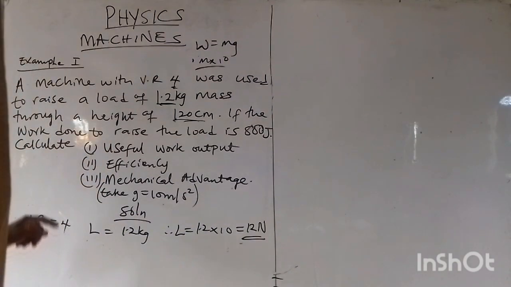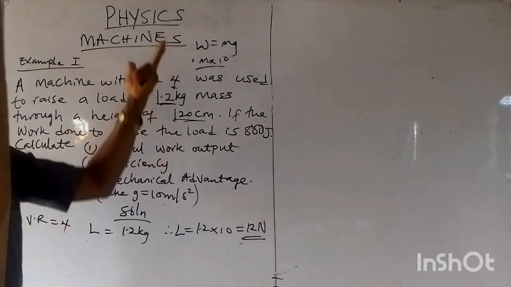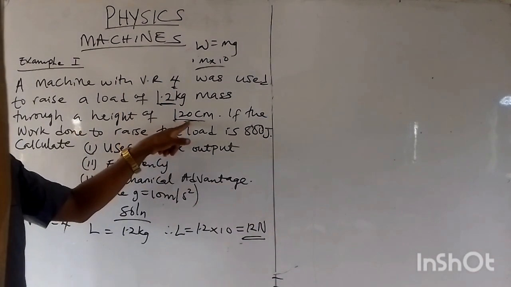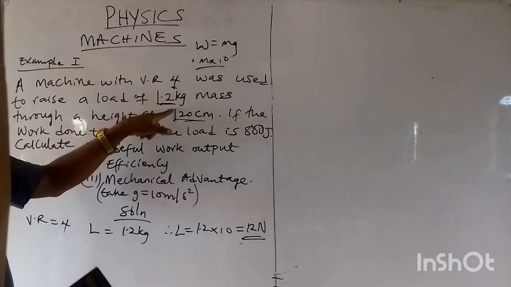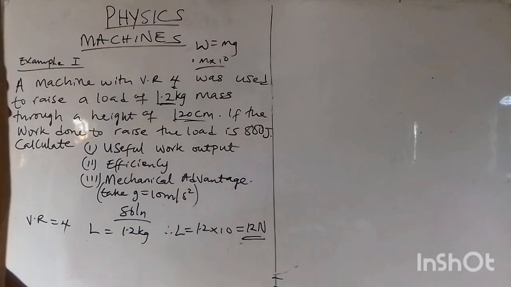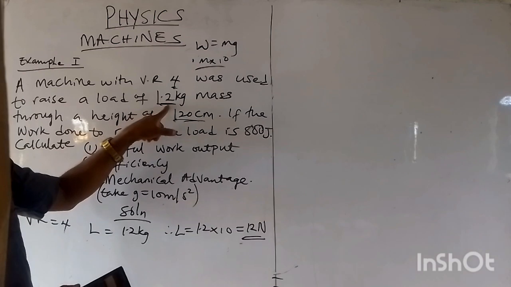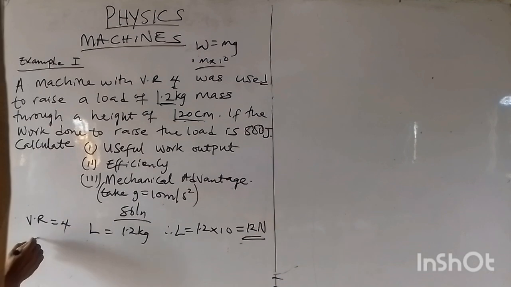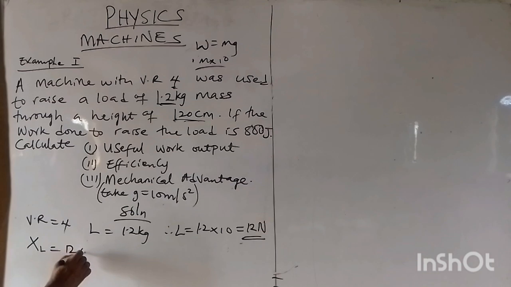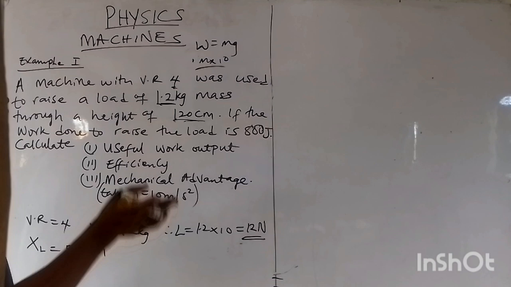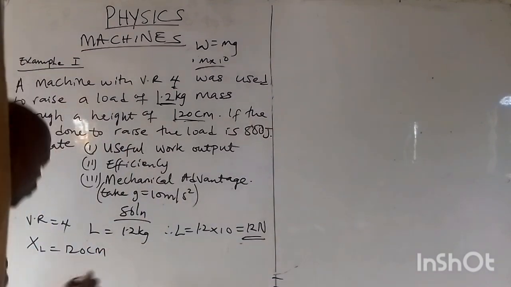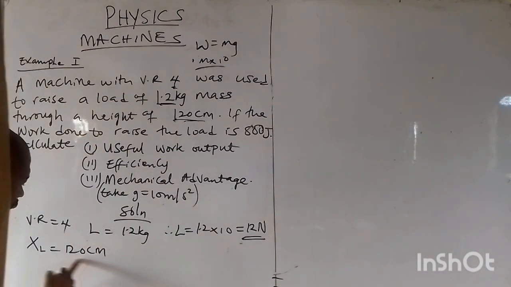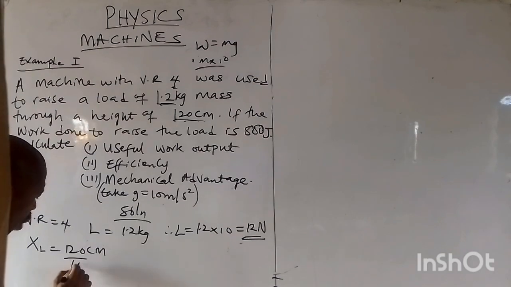Now we continue. It was raised through a height of 120 centimeters. This load was raised to a height, and this height is the distance moved by the load. Distance moved by the load, XL, is 120 centimeters. Remember, you need to put it in the actual SI unit, so we divide by 100.